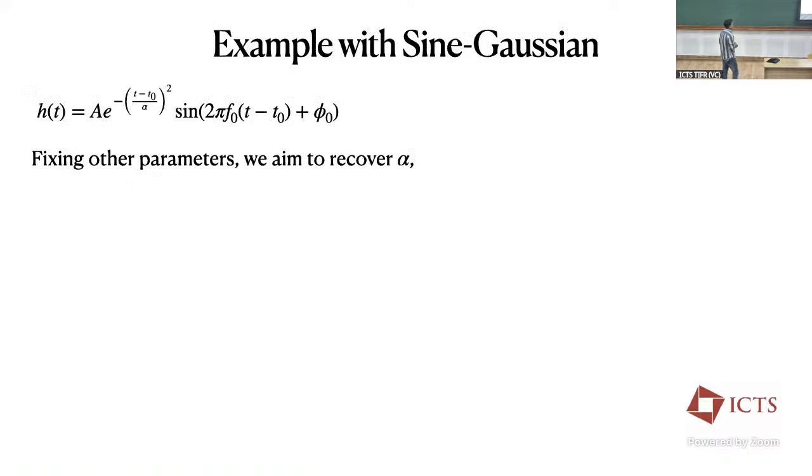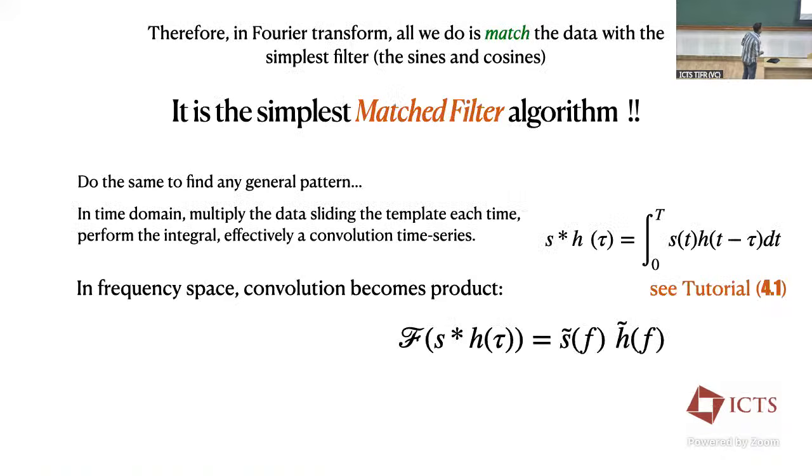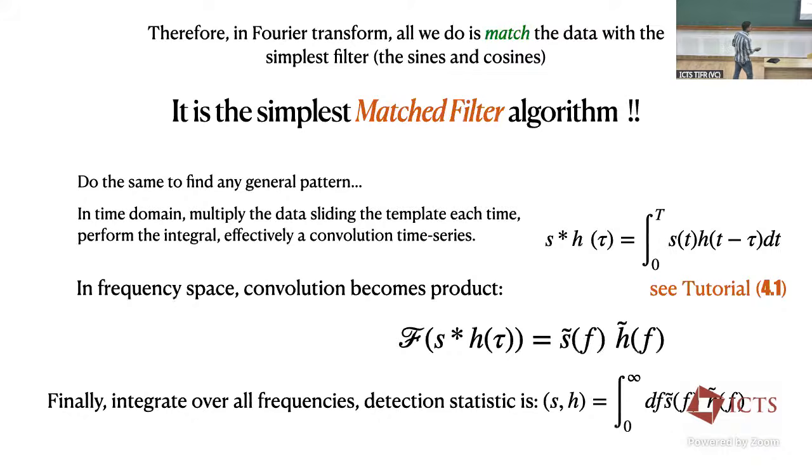So what I do, I generate templates varying alpha. I already have the Fourier transform of our data. I calculate the Fourier transform of this template for each alpha and try to calculate our naive matched filter. What do you think? I have injected alpha at around 2, and I will calculate this quantity for all the different alphas.